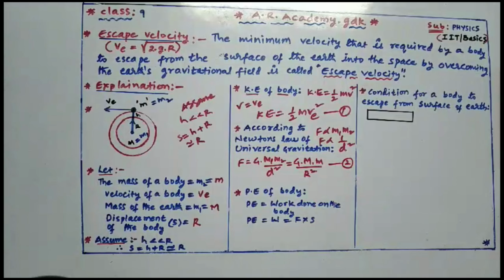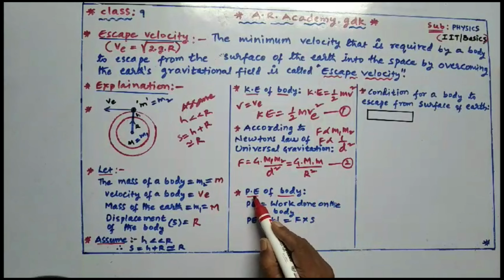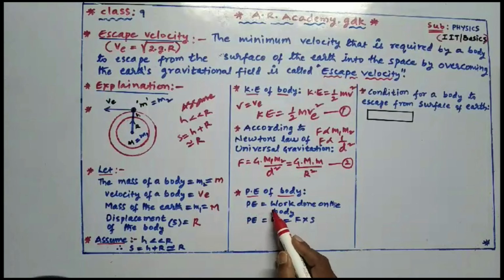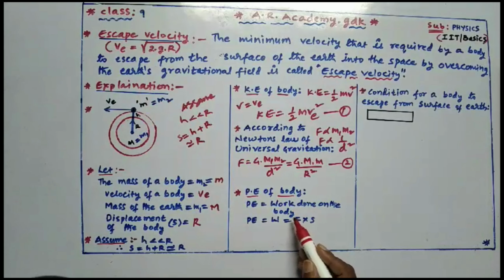Now come to another point, potential energy of the body. Energy possessed by the body because of its position or height is called potential energy. Here, potential energy is equal to work done on the body. We are throwing the body upwards to a certain height to escape, so we are doing some work on the body. What is the work formula? Force into displacement.